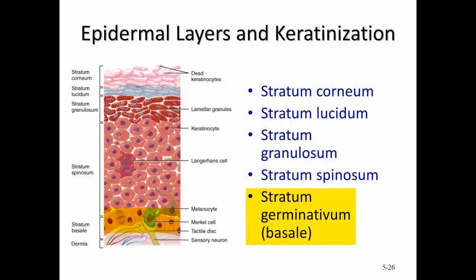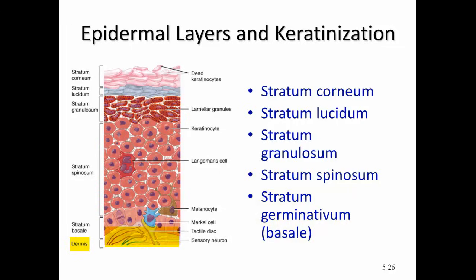The older name germinativum refers to the fact that this is where mitosis is taking place. These are germinative cells. Again, if you think about planting a seed, you plant a seed, you water it, what do you hope that seed does? Germinates. What that means is the cells are dividing and splitting, and that's exactly what's happening in this basal layer, or this germinative layer here.